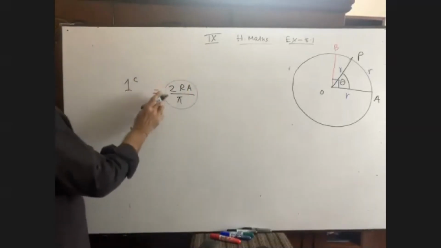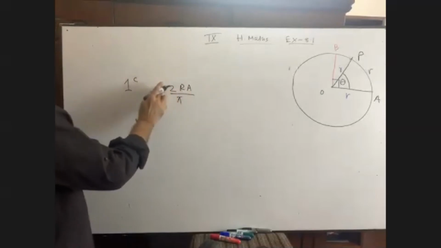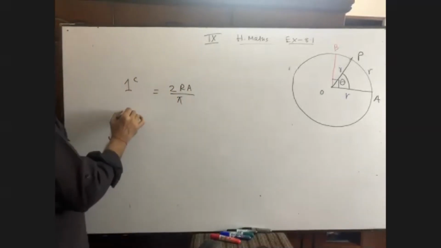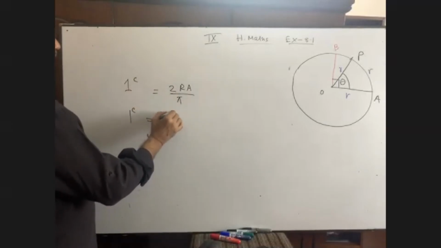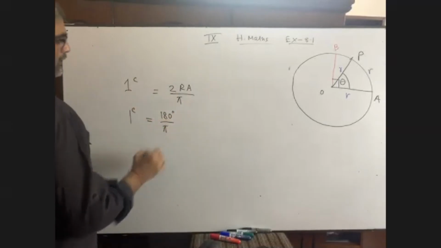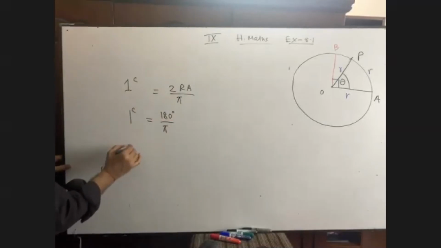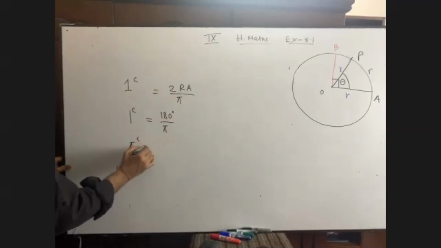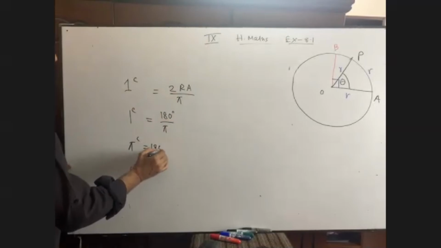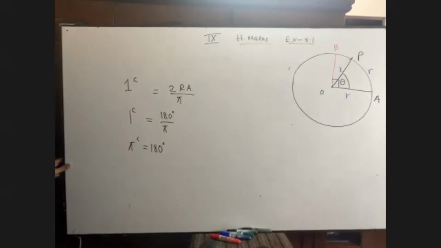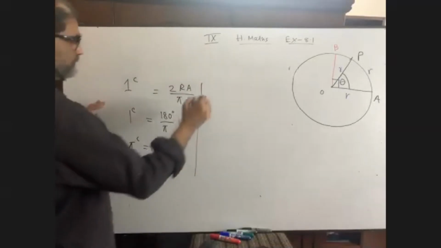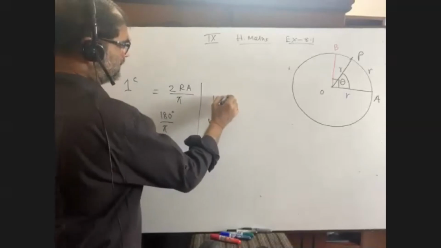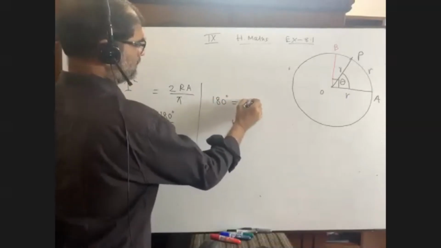So from this equation, we can write down 1 radian equals to 180 degree by pi. Then we can write down pi radian is equal to 180 degree. That means 180 degree is equal to pi radian.